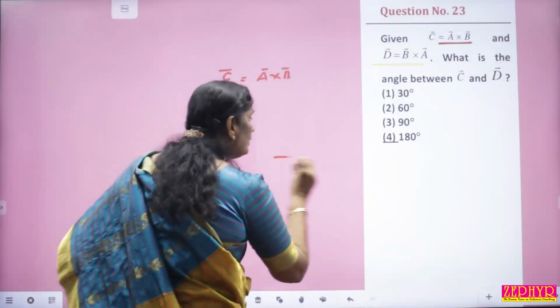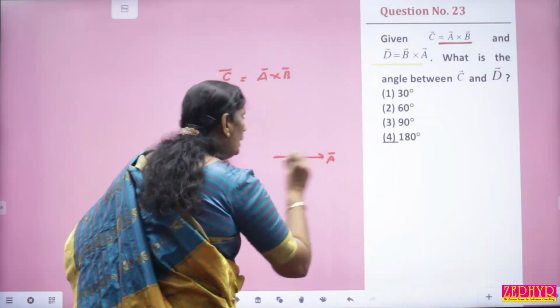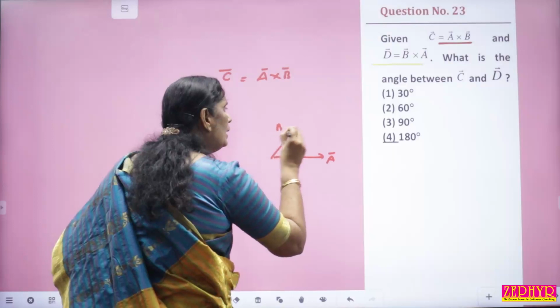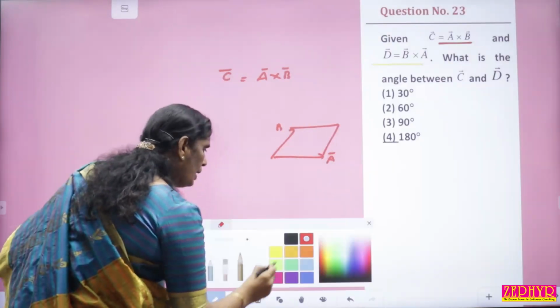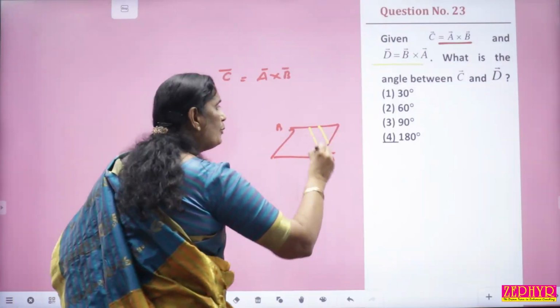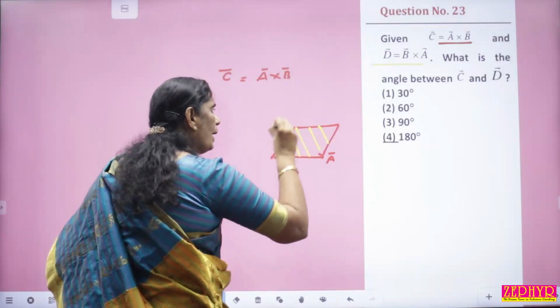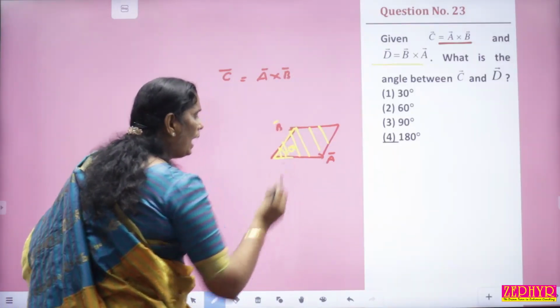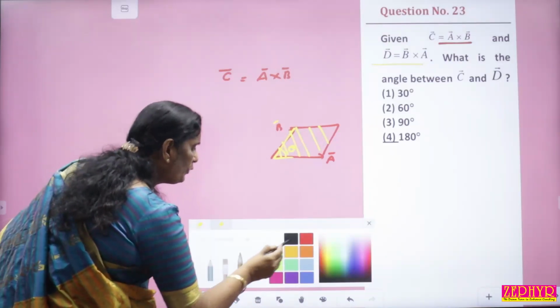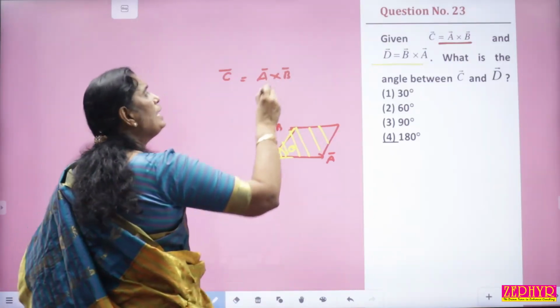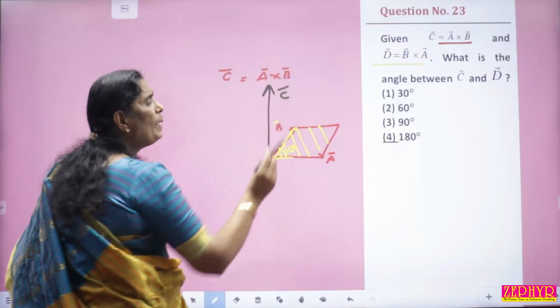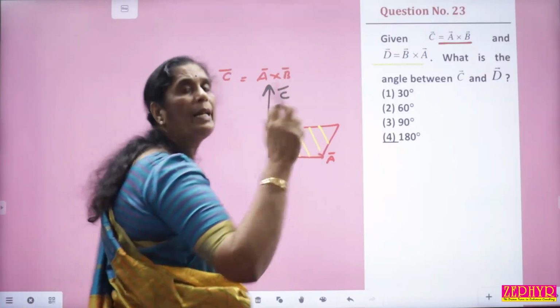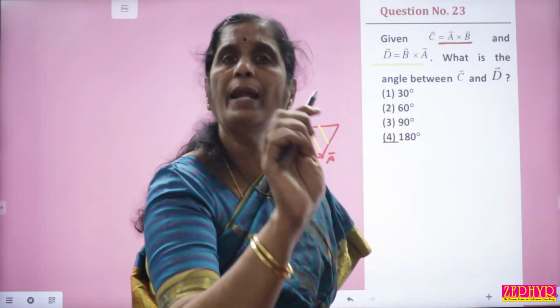That means this is our A, this is our B, this is the plane formed by A bar and B bar, and of course this is the angle theta. So what is the direction of C? C will always be perpendicular. How to find out the direction of C? Right hand thumb rule.